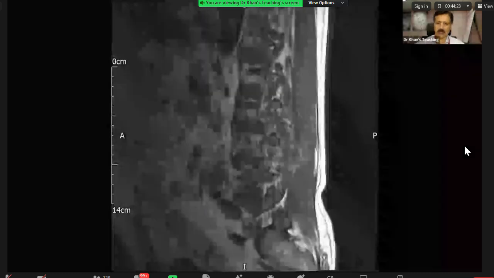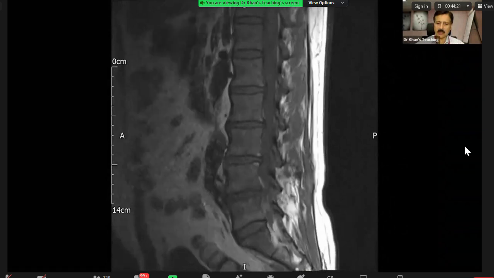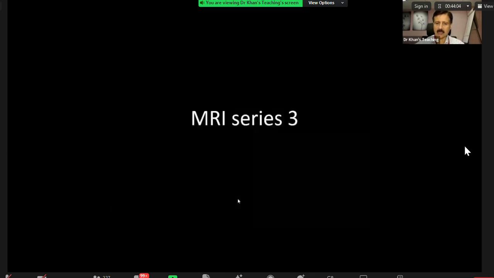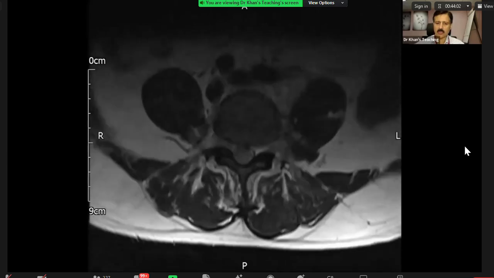On a T1 weighted sequence, look at the marrow. Look at the end plate carefully. Look at this end plate, it has a crisp and sharp outline. Look at this end plate, it has irregularity. This end plate has irregularity. And then we go to T2 axial.